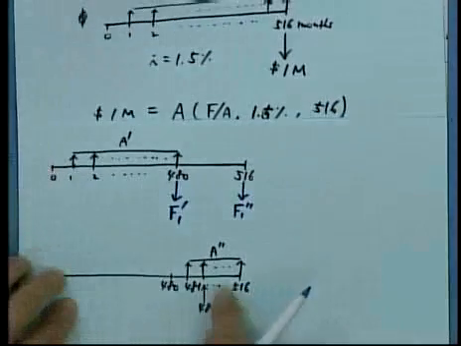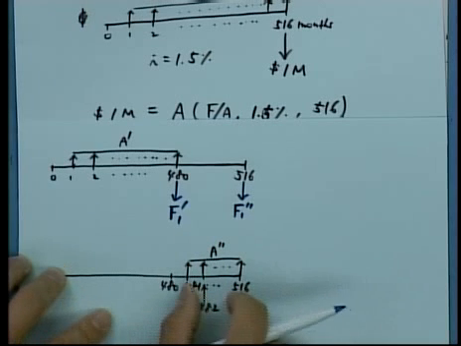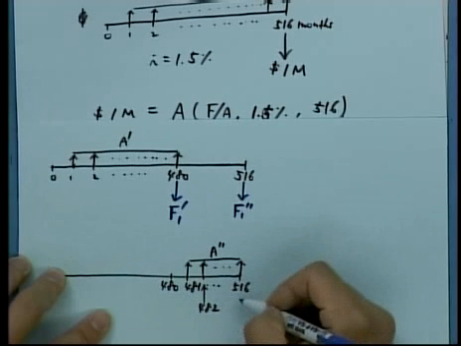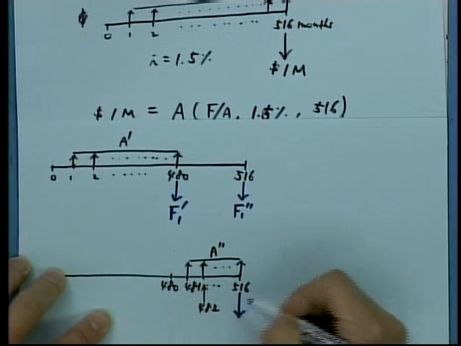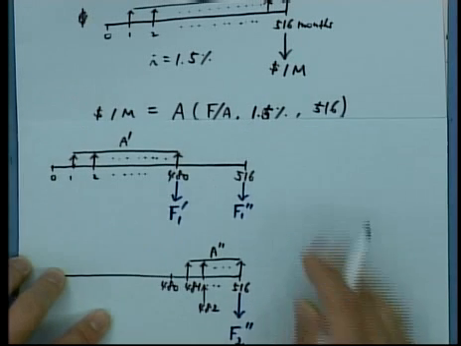Also, this uniform series for the last 36 months period can be converted to the equivalent future sum. Let's say that is F2 double prime.